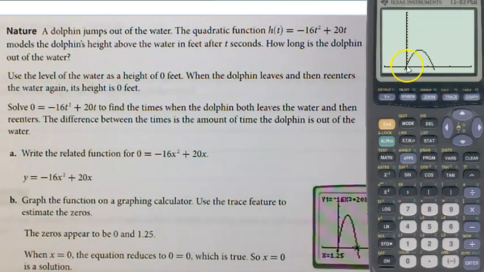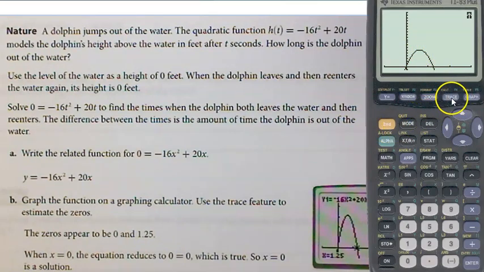Okay, this first 0 is literally at 0, 0. Then he goes up, up, up, and I need to know right there when he splashes down, because from here over to here is his whole entire trip out of the water.